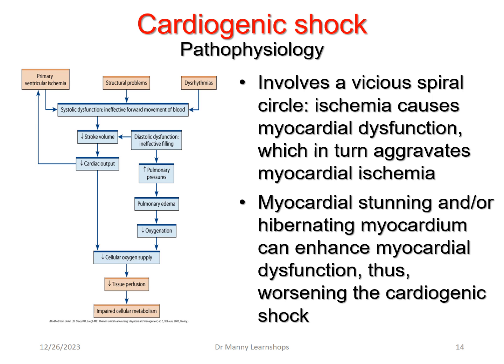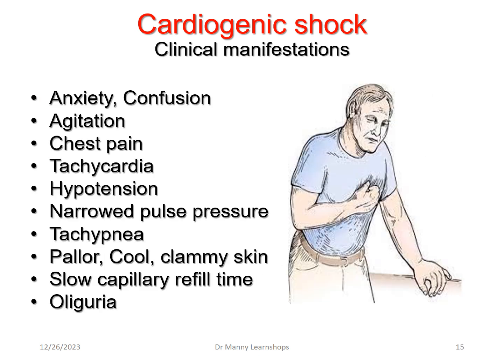The pathophysiology typically involves a spiral which results in ischemia, causing myocardial dysfunction, which aggravates the myocardial ischemia, causing myocardial stunning, and it doesn't work effectively, which essentially worsens the heart function, making cardiogenic shock more severe.